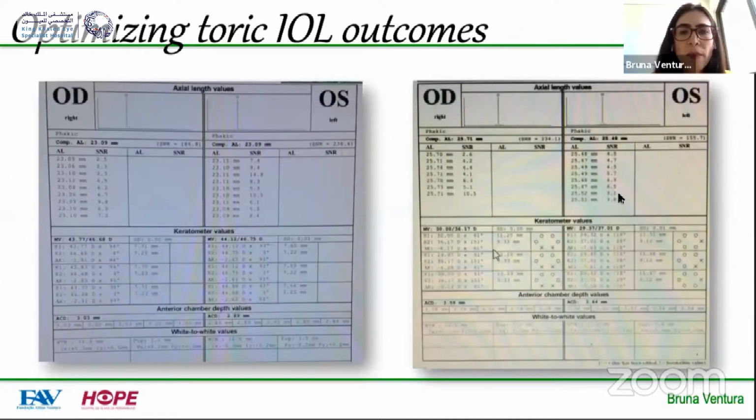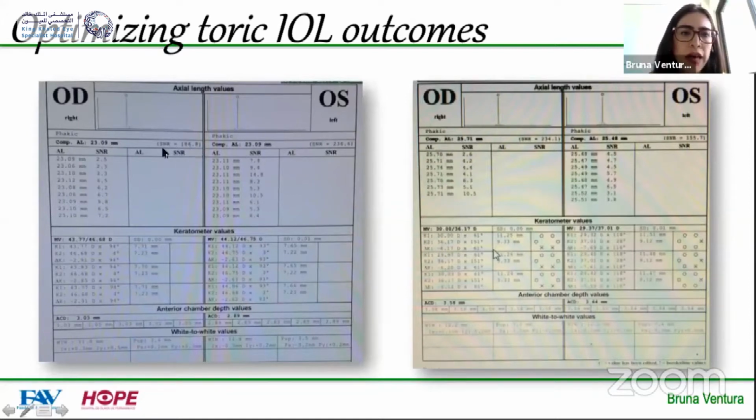Our biometers, all of them, have a way of expressing the quality of measures. And it's very, very important for us to be paying attention to that also. Here we have an example of an IOL Master 500, and we see how the actual lengths are all very similar.